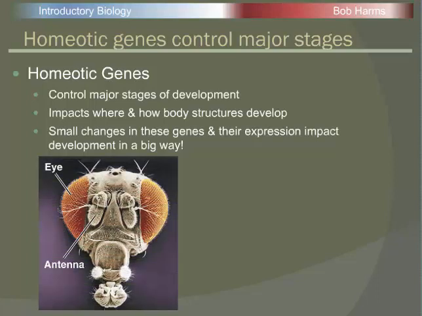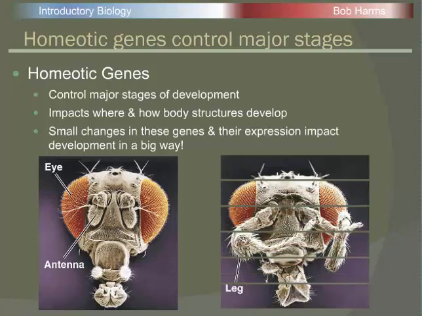Your book uses this example of the fruit fly, where one of the segments is going to develop into the antenna. On the forward part of the face we've got the large eyes on the side and the antenna pointing out. But a mutation in a homeotic gene results in legs growing there instead of antenna. That's why the book used it as an attention grabber, legs sticking out of the head.